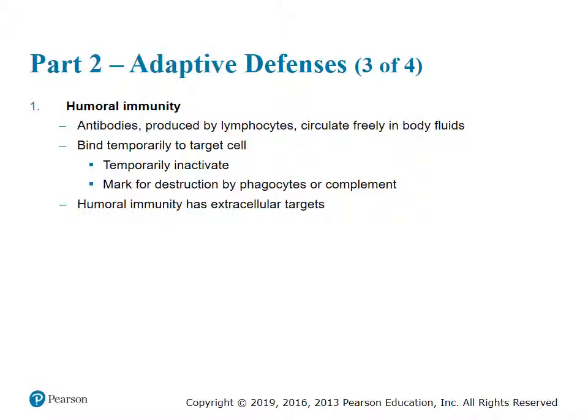So we'll go into detail here with both of these. And so when we talk about humoral immunity, again, the key word is antibodies. Humoral immunity is about antibodies in the adaptive immune system. Who makes these antibodies? Lymphocytes. These lymphocytes make the antibodies, secrete the antibodies from the cells, and those circulate freely in body fluids. What are some examples of bodily fluids?